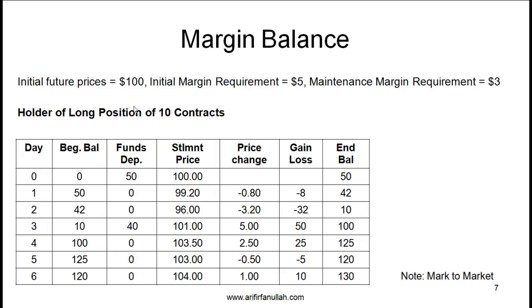Let's say that we are talking about a contract on an underlying commodity called X, and the initial futures price is $100. So what this means is, let's say that you are here at time 0 and the contract expires here, let's say on day 90.